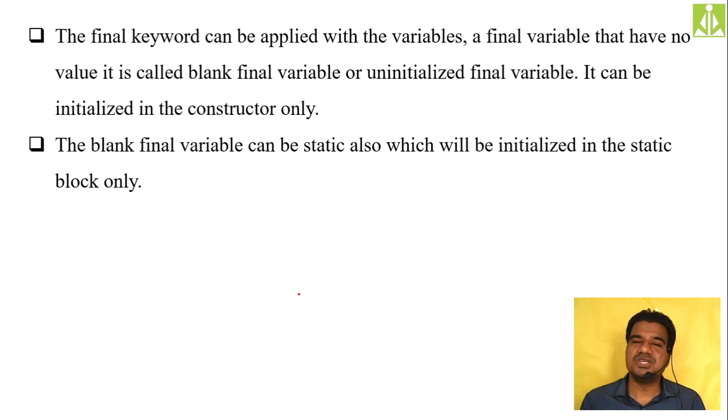Okay, once initialized, their value will become fixed. It can't be changed. Okay, the blank final variable can be static also. We can even make a final variable as a static variable also, which will be initialized inside the static block only.